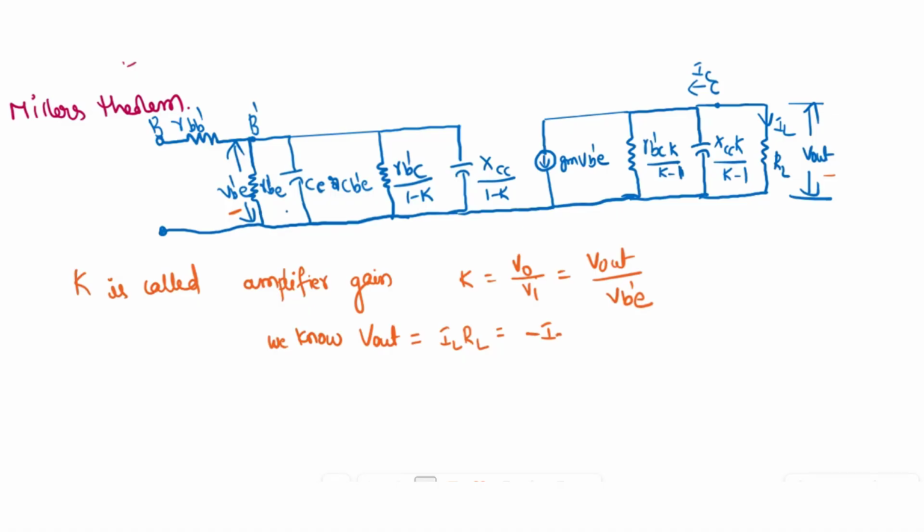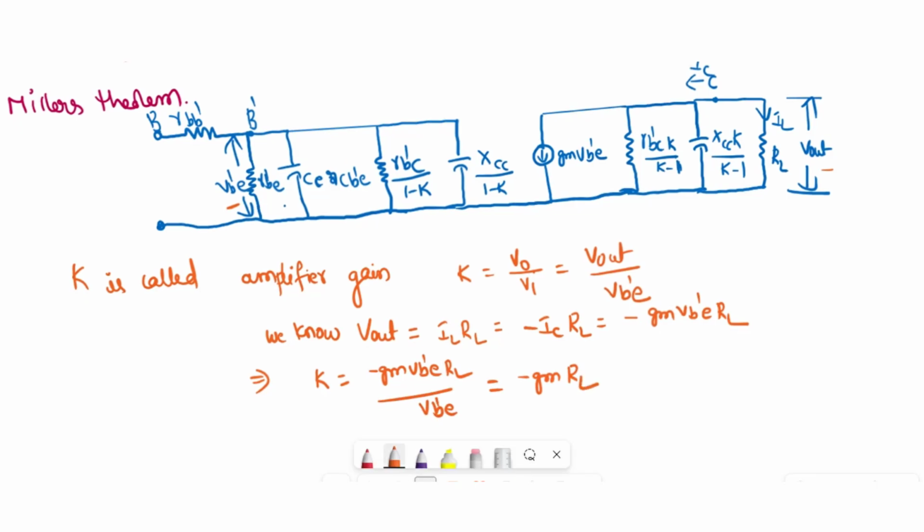IL is nothing but minus Ic, since both are in opposite directions, and Ic is equal to gm Vb'e. So it is minus gm Vb'e into RL. I am only considering the current part. That implies K is minus gm Vb'e RL by Vb'e, which is minus gm RL.